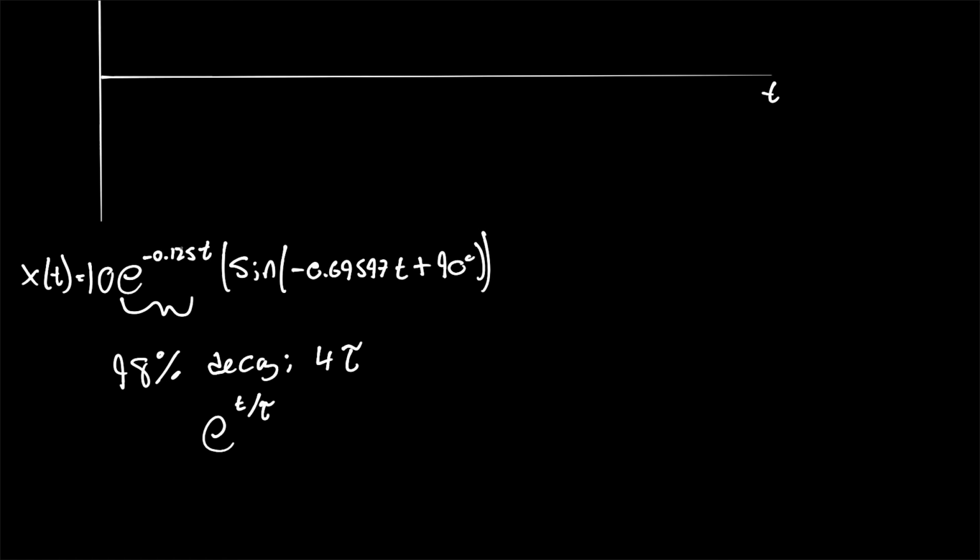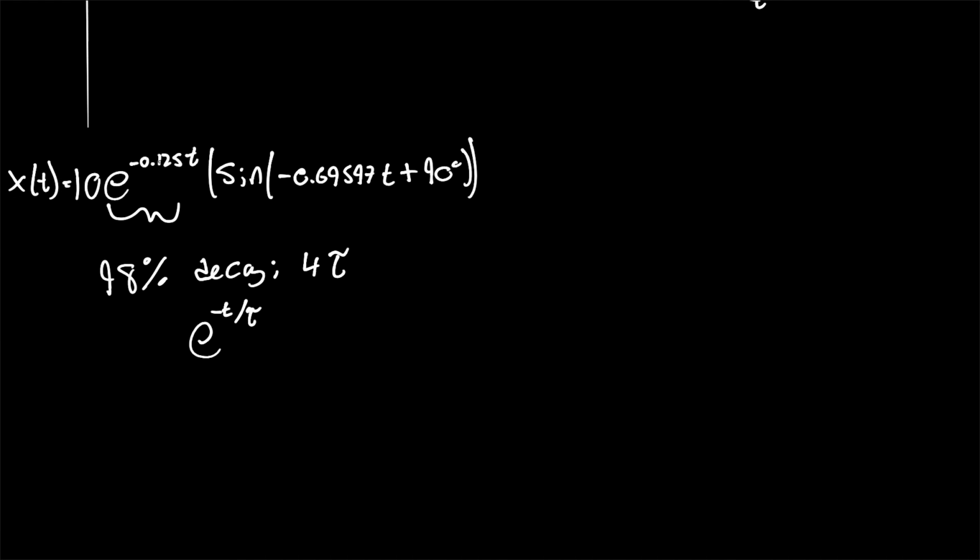That's essentially what we have here. 0.125 is 1 over 8. So in this case, we have an exponential decay with a time constant equal to 8 seconds. So once we have 4 times 8 seconds, or about 32 seconds, that's when we have 98% decay of the motion.